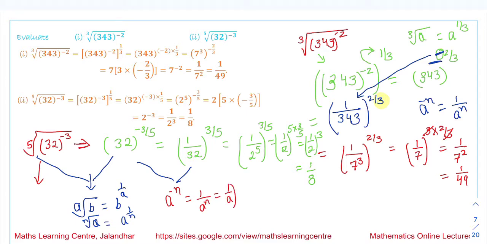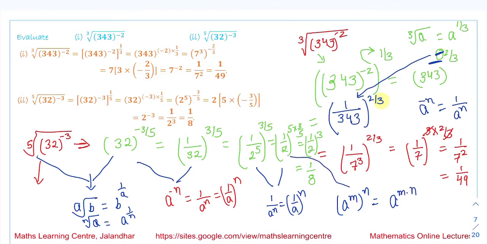In the next step, we have used the formula (a raised to the power m) raised to the power n is equal to a raised to the power m into n. In this step, we have used this formula to simplify and find the value as 1 by 8.